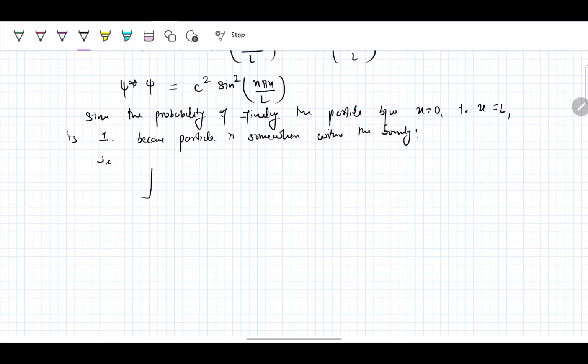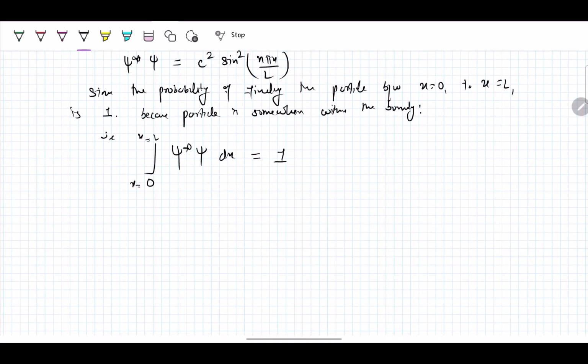So we have boundaries from x equal to 0 to x equal to L, and the probability density dx, only movement along the x axis, is equal to 1, because the probability of finding the particle inside this box is 1 within this region.